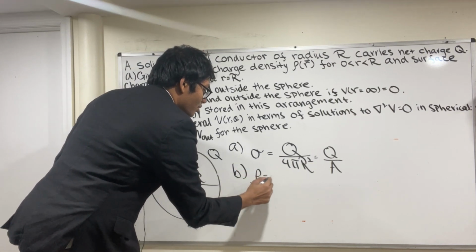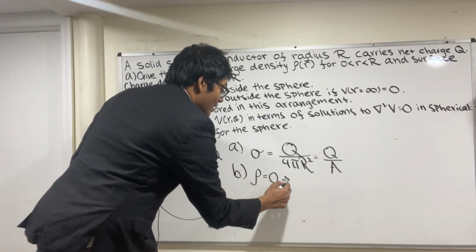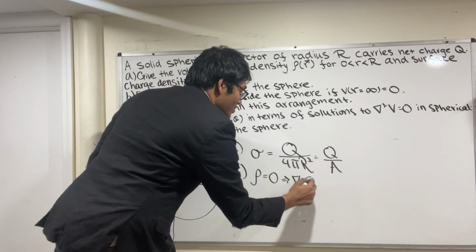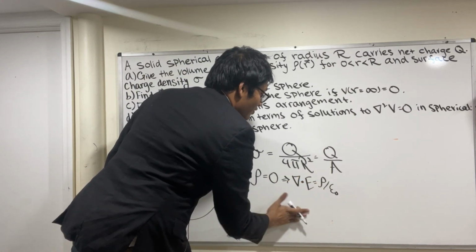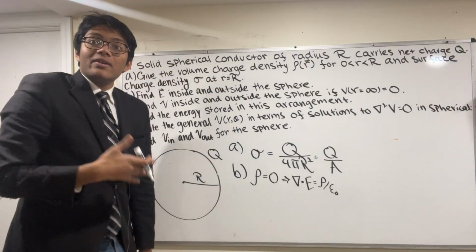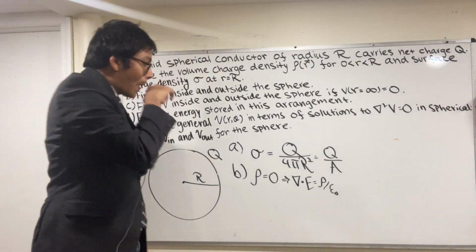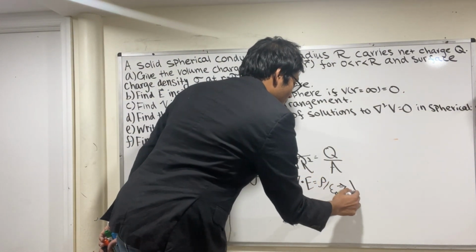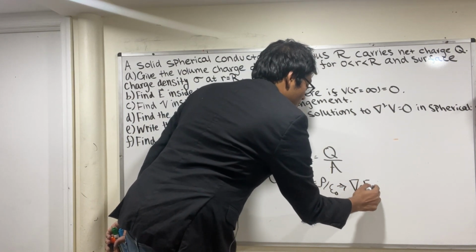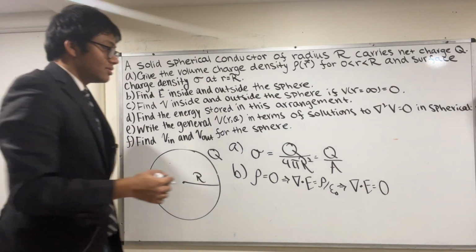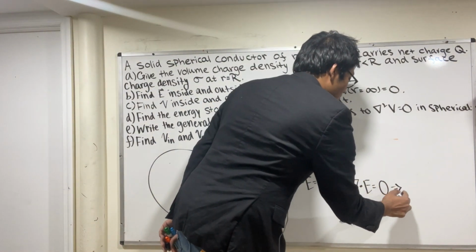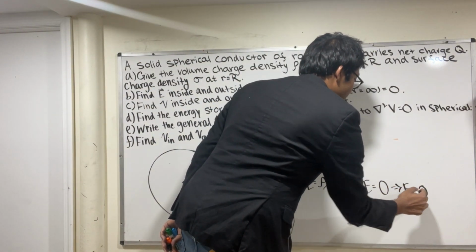Well, since rho is zero, and remember that Gauss's law tells us the divergence of the electric field is nothing more than the volume charge density over epsilon naught. If the volume charge density is zero, then what do we get? The divergence of E is zero. Okay, well, there you go. So the electric field is no more than zero.